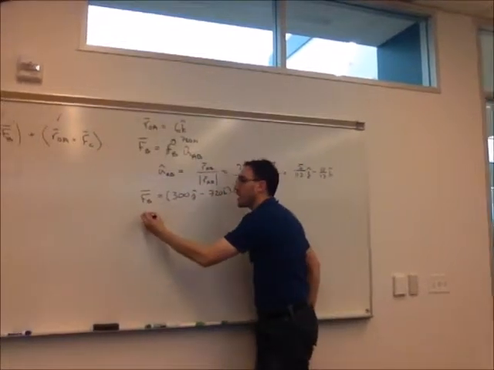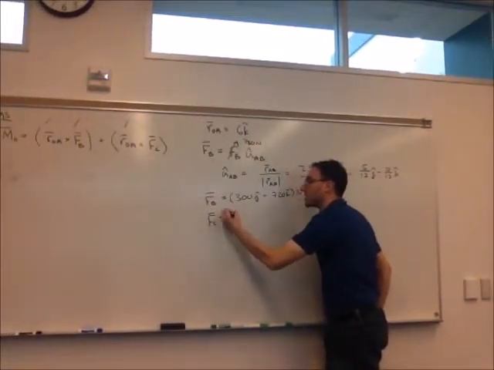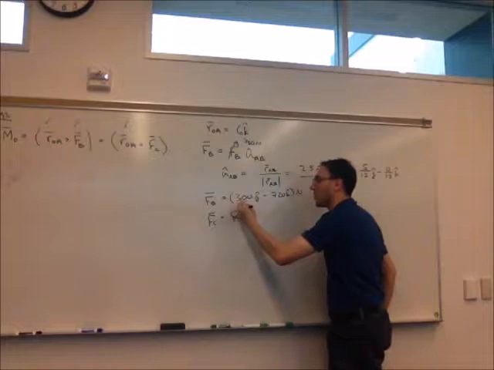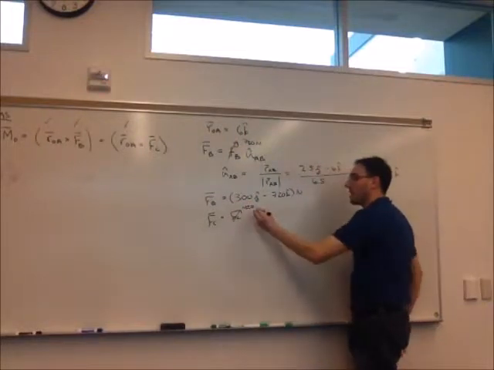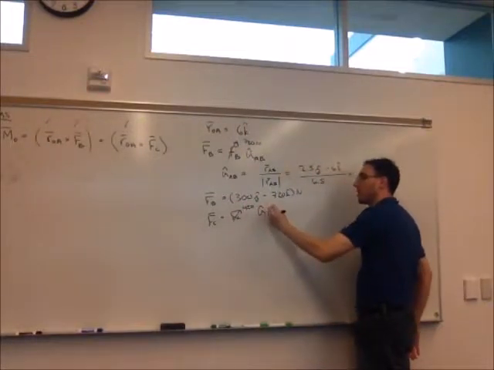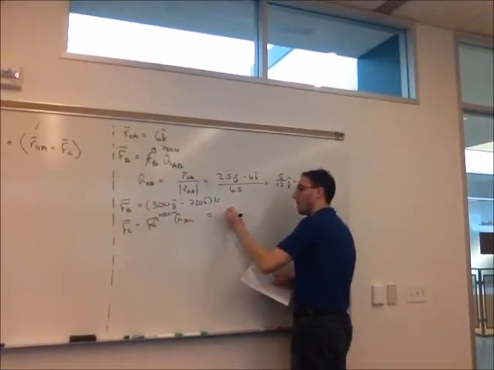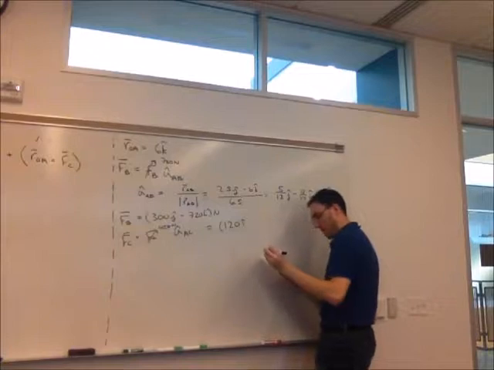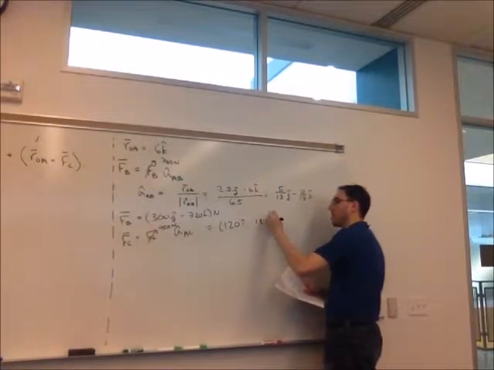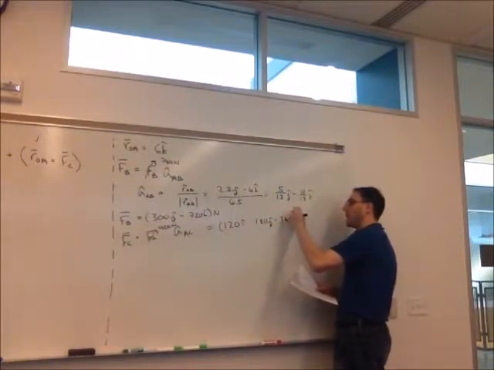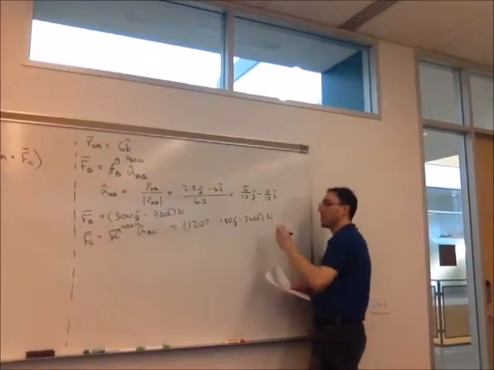So we still need FC, same process. FC is going to be its magnitude, which we're told was 420, times its direction, U hat, it points from A to C. Right, so positive 120i, minus 180j, minus 360k, and that's in newtons.